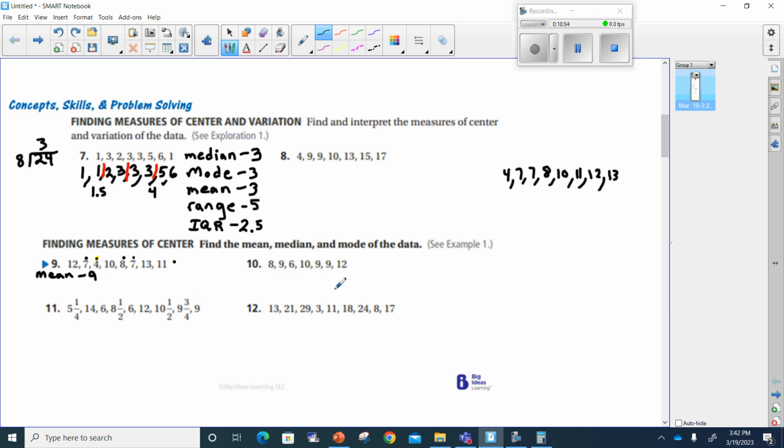All right, let's go and try the median. Remember, the median is the number in the center. There's 4 on this side, 4 on this side. Now I have 8 and 10. 8 and 10 is 18. We have to divide that by 2 because there's 2 numbers that we added together. And that'll be 9 again. So the median is 9.